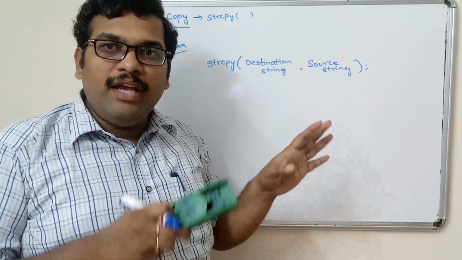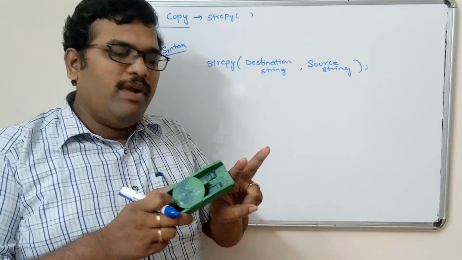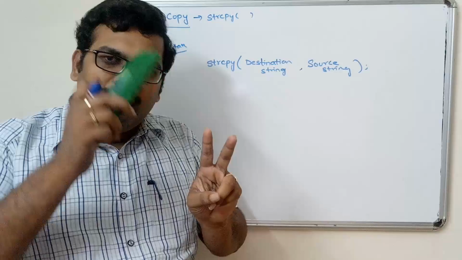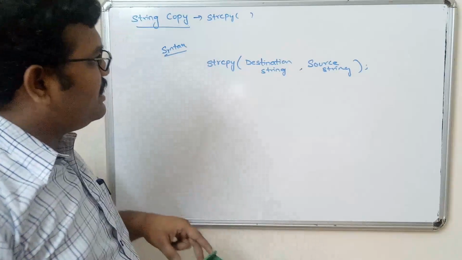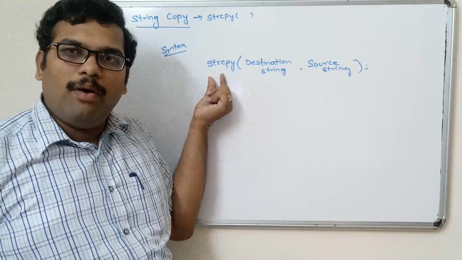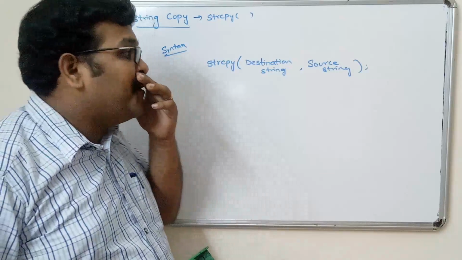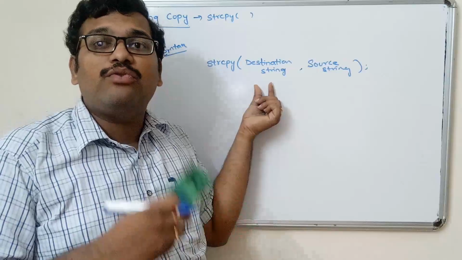So here we are supposed to declare two strings, and we have to initialize one string, and copy the content of one string to the second string. So this string copy function will take two arguments as inputs. The first one is the destination string, that means to which string we have to copy the content.